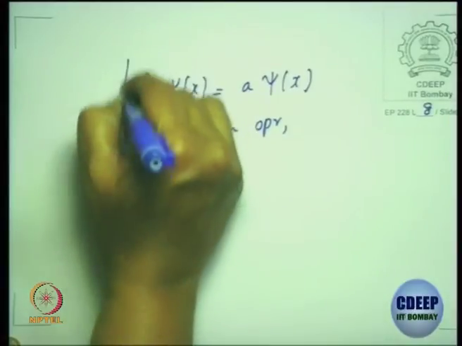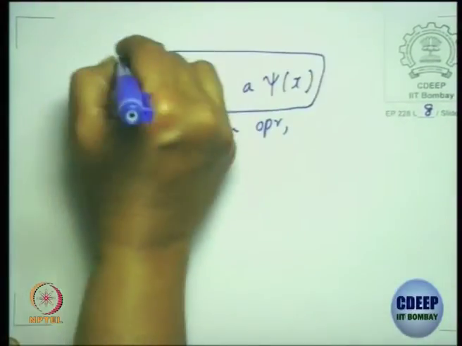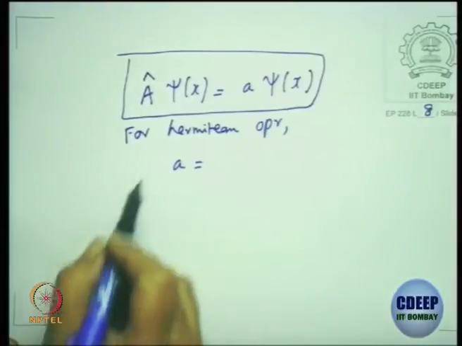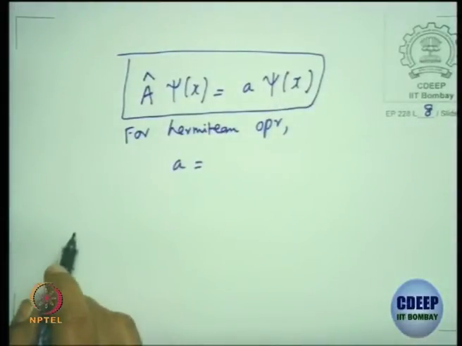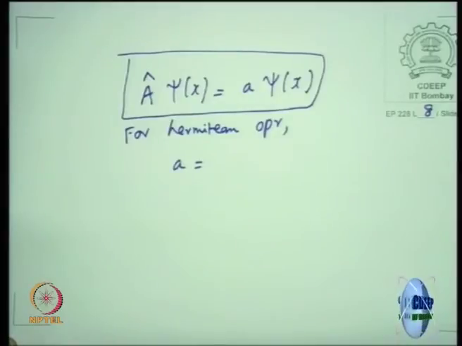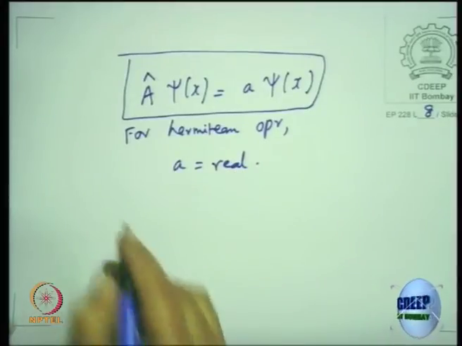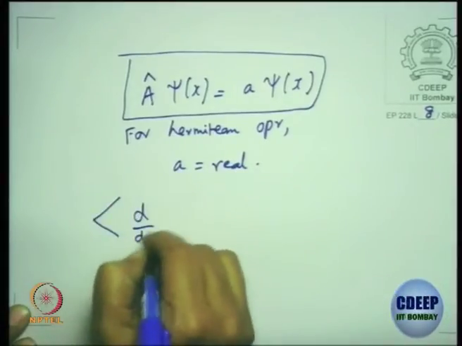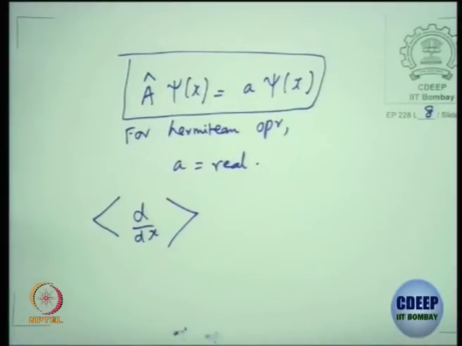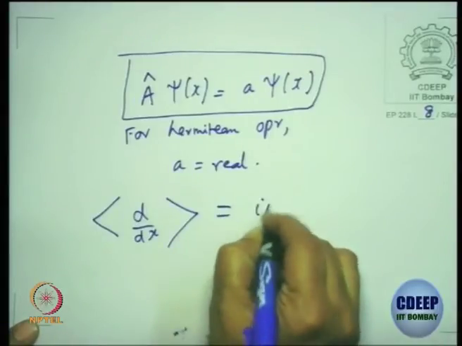This is an eigenvalue equation, and a is the eigenvalue. If you want to call the operator A a Hermitian operator, then the eigenvalue a has to be real. When you take the expectation value of the d by dx operator, you can show this to be imaginary.